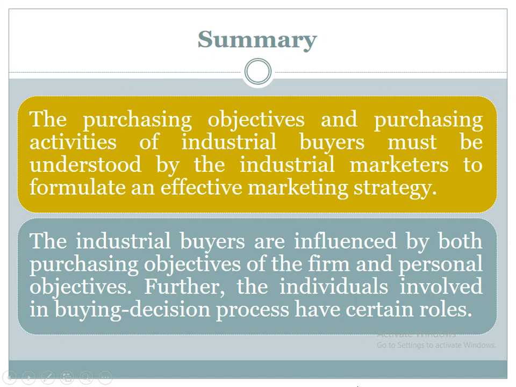So we can summarize this like the purchasing objective and the purchasing activities of individual buyers must be understood by the industrial marketers to formulate an effective marketing strategy. The industrial buyers are influenced by both purchasing objectives of the firm and personal objectives. Therefore, the individuals involved in the buying decision process have certain roles.